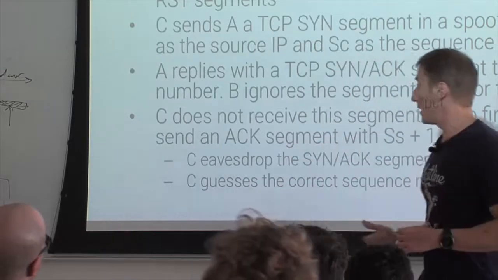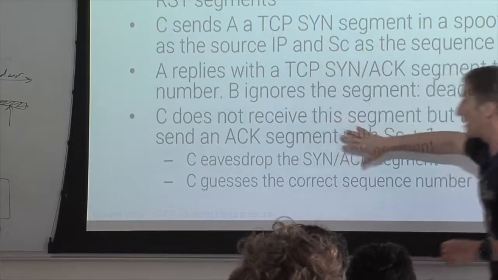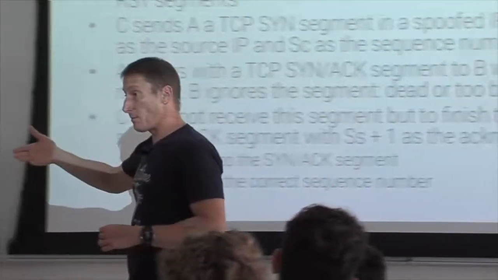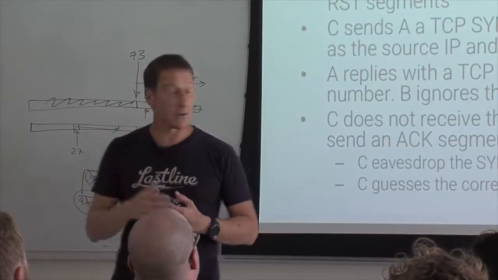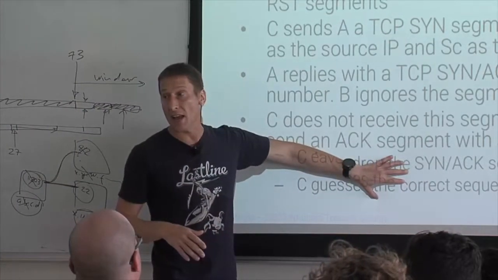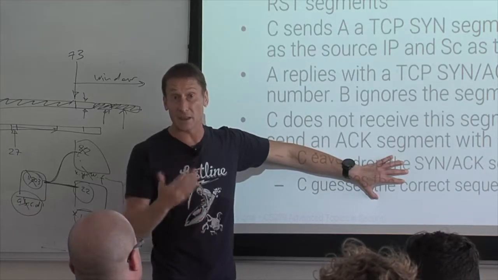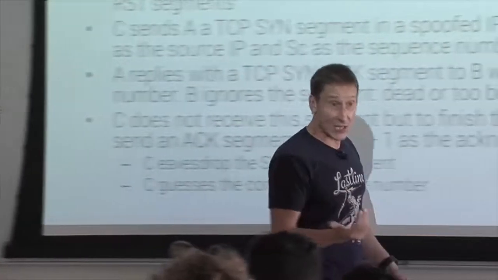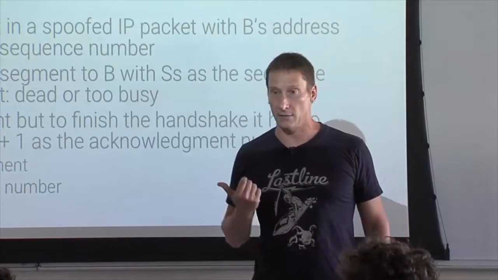Then finally, C, who will not receive this message, sends the last part of the three-way handshake, possibly with some data. The problem is that you don't know what sequence number has been chosen by the victim in your reply. Either you sniff the packet, in which case it's easy, or you have to guess it.